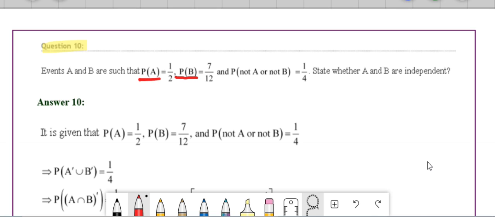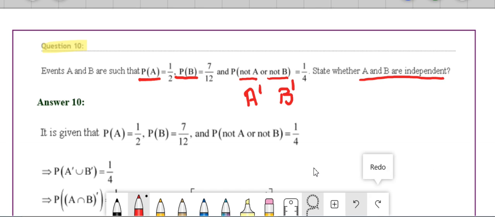But this time we have to find out P of not A or not B. Remember, not means A prime and B prime. And we have to state whether A and B are independent events or not. Alright? So that we will discuss later on.